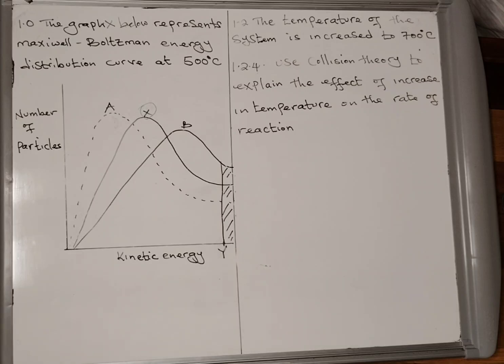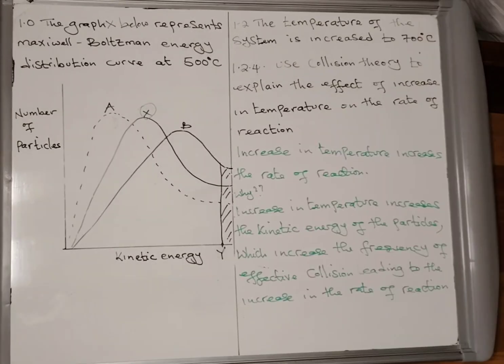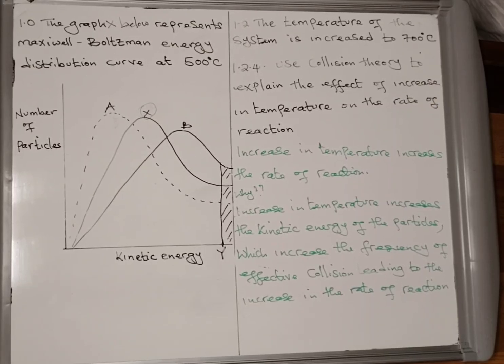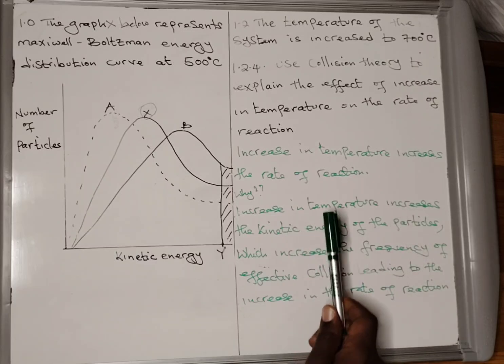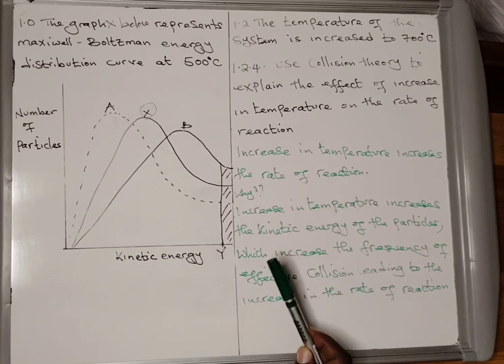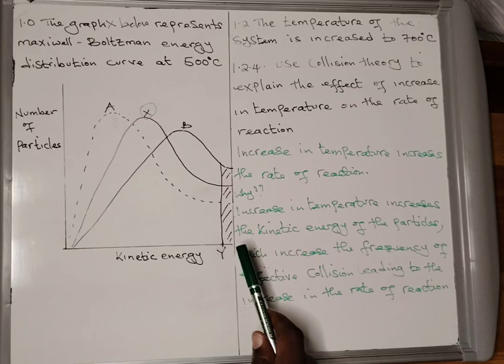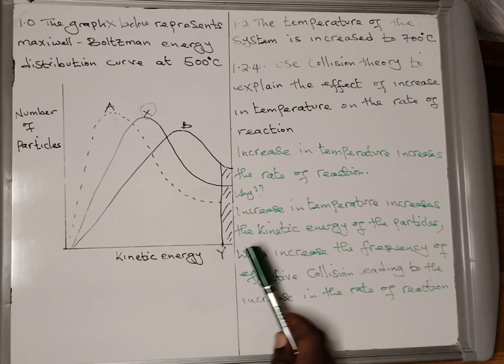So let us put it down. We say increase in temperature increases the rate of reaction. And this is the explanation we have due to collision theory. It says that increase in temperature increases the kinetic energy of the particles.